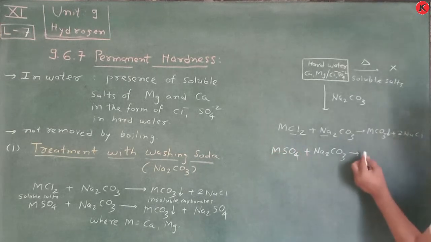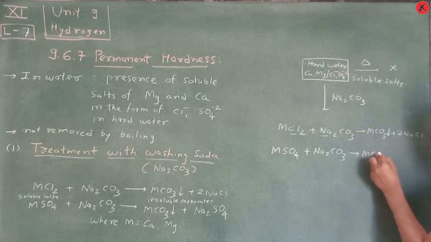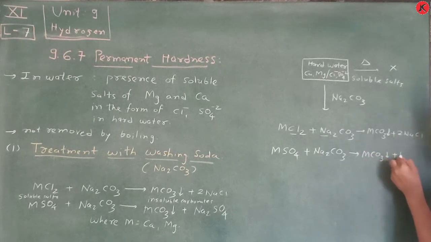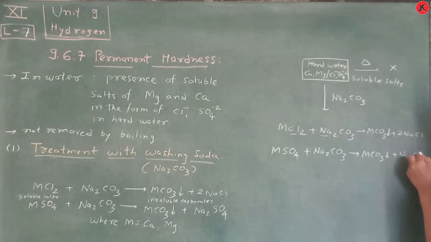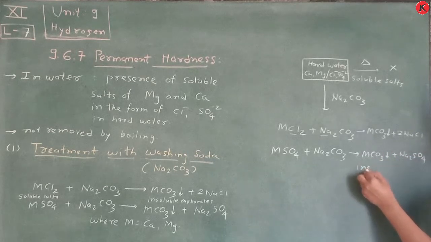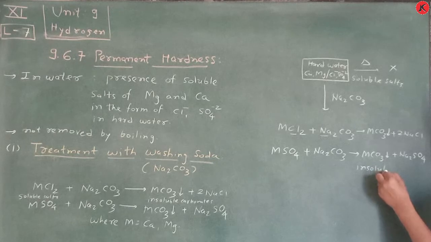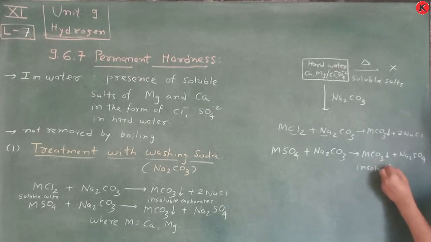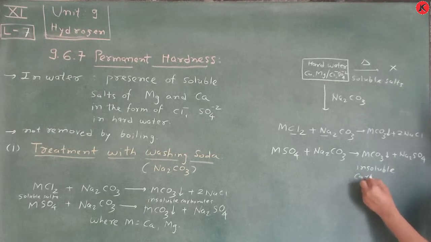So here we get in the same way MCO3 plus Na2SO4, and this insoluble carbonate is known as insoluble carbonate.